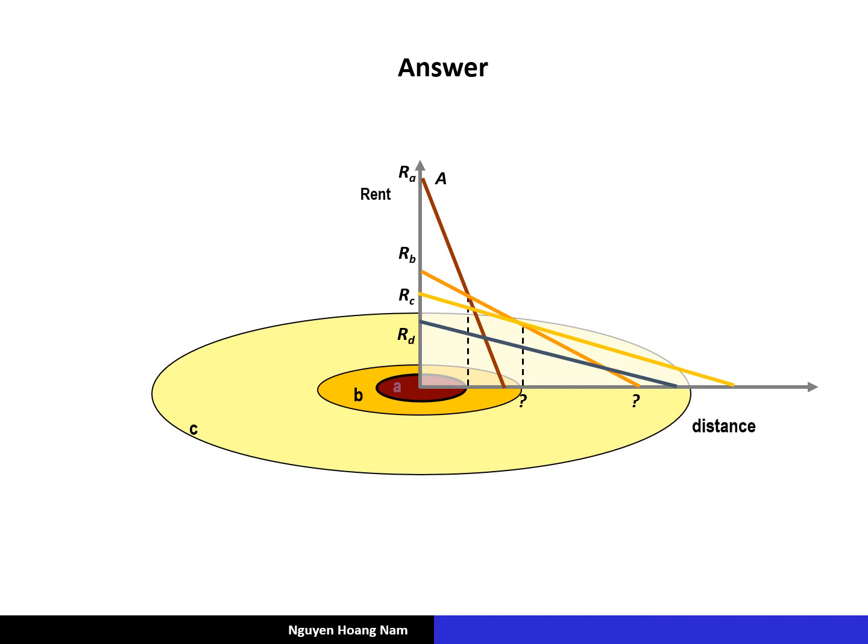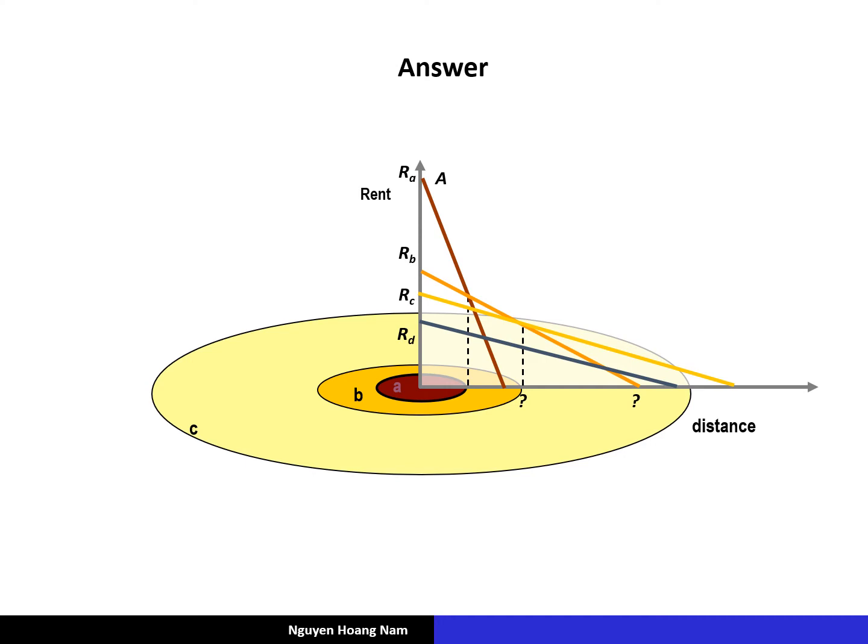So in this case, we would choose to switch from crop B to crop C at the point of 5 kilometers from the market. And then we keep planting it because the location rent of crop C is still the highest over here in this area. It's still the highest.